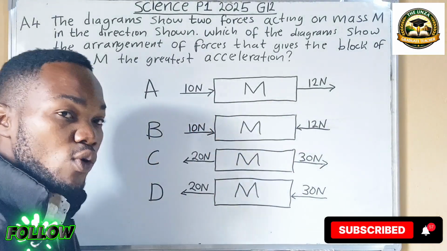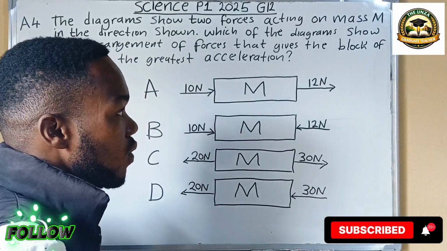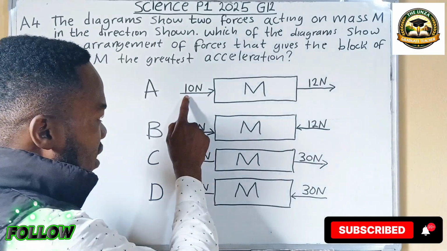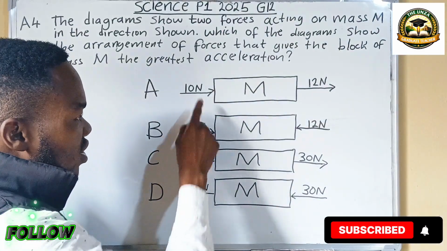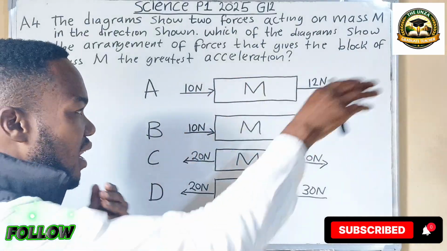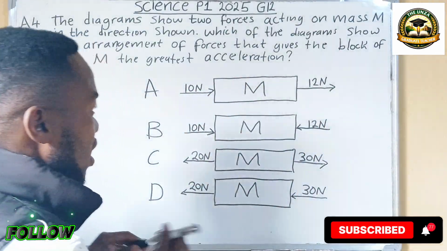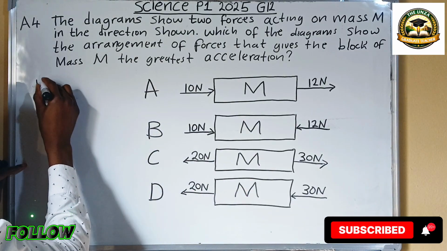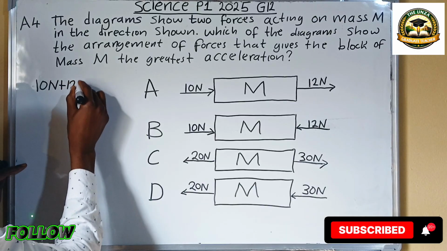When forces are going in the same direction, you have to add the forces. Like this one, it is 10 Newton going in the right direction. 12 Newton is also going in the right direction. That means you are going to add the 10 Newton plus 12 Newton.